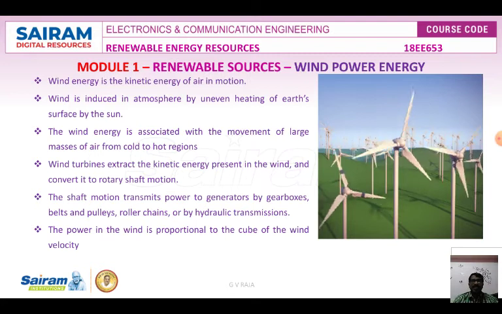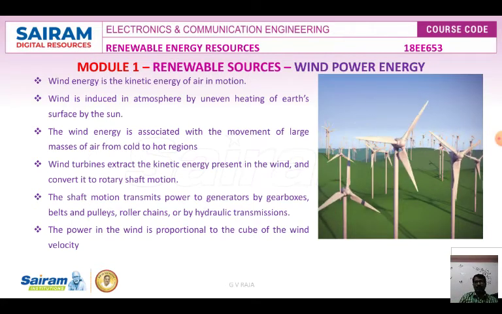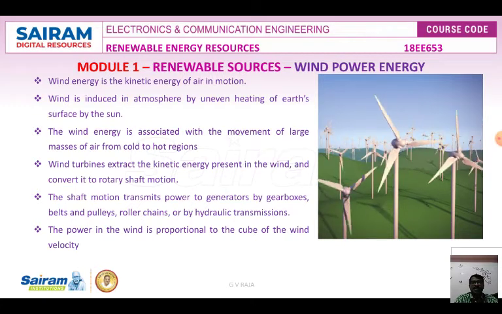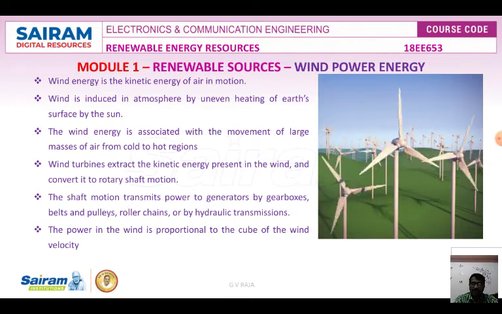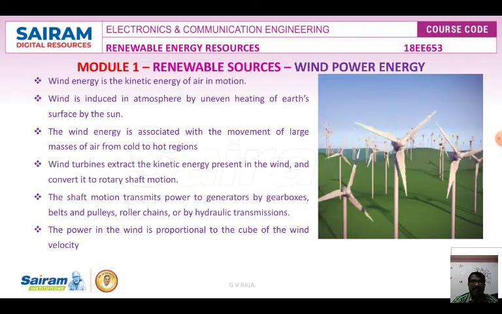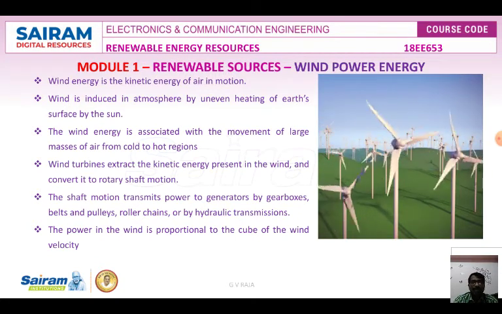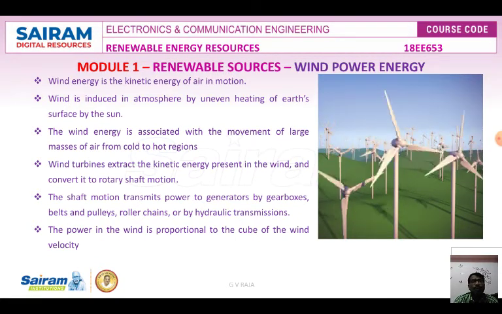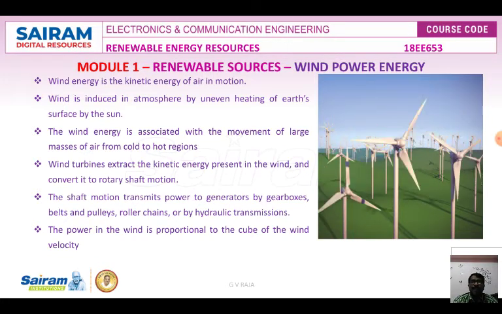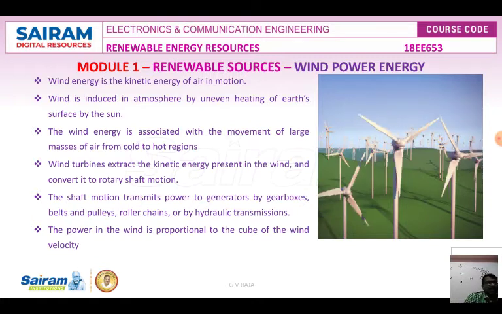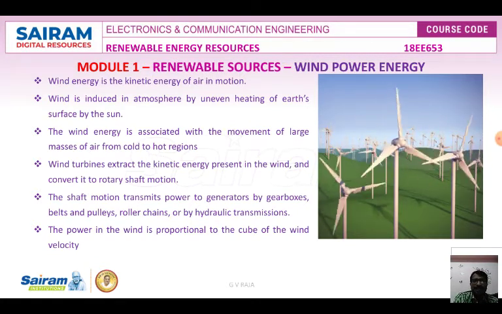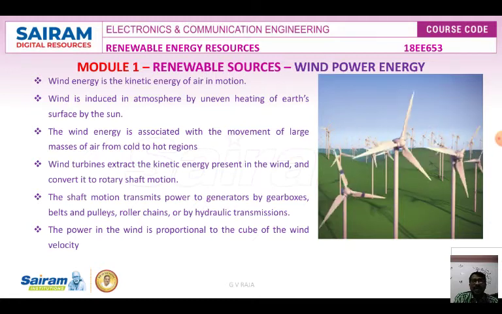So wind energy is a kinetic energy. Wind is induced by uneven heating of the earth's surface by the sun. Wind energy is associated with the movement of large masses of air from cold to hot regions. The motion results from uneven heating of the atmosphere by the sun, creating temperature, density and pressure differences.